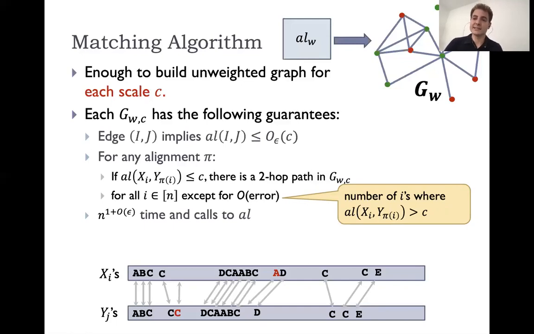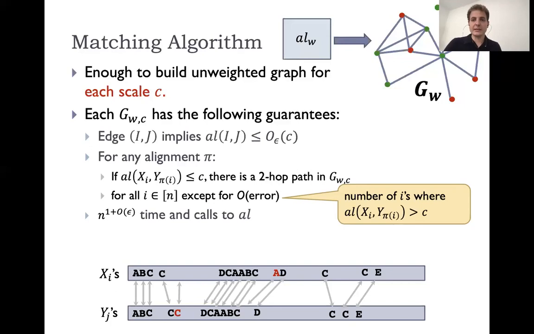We're going to miss some portion of matches, but the number of matches that we're going to miss is a constant factor away from the number of things that were wrong to begin with. So if we had, let's say, K corrupted matches to begin with, meaning there were K things that are expensive between I and pi(I), then we may miss some O(K) good matches, true matches.